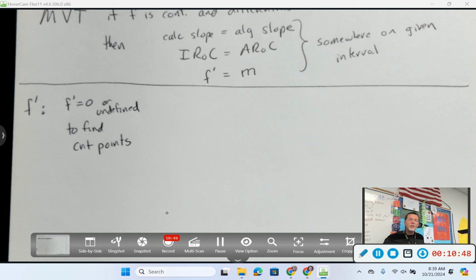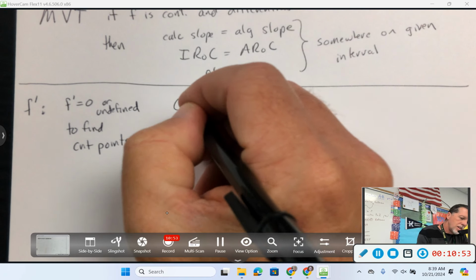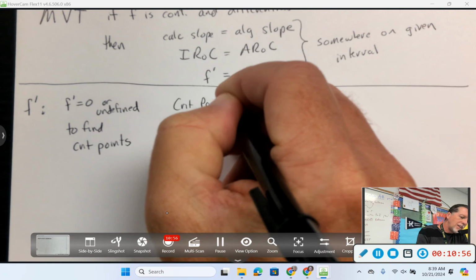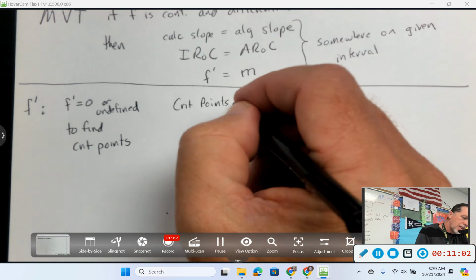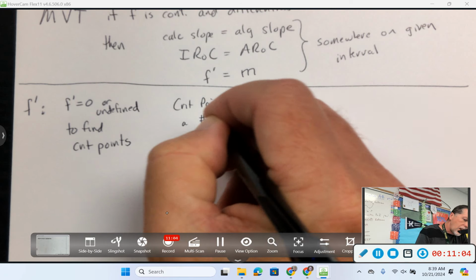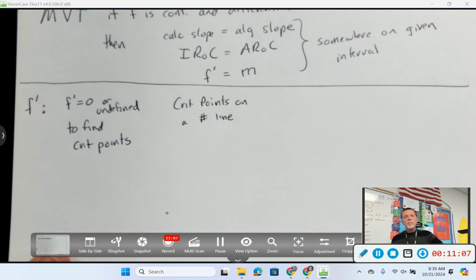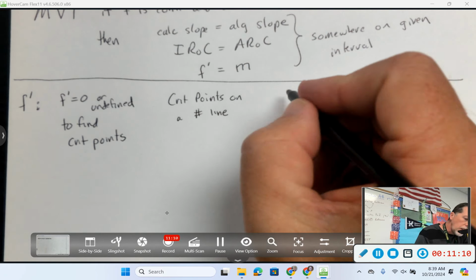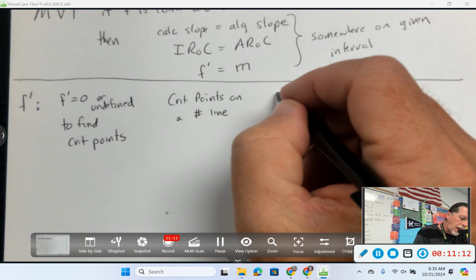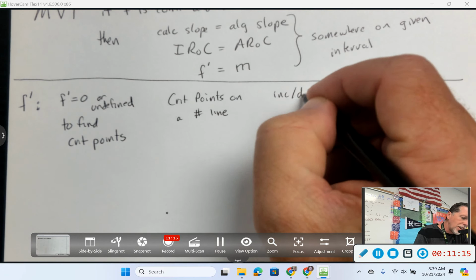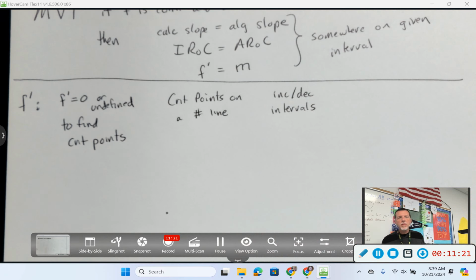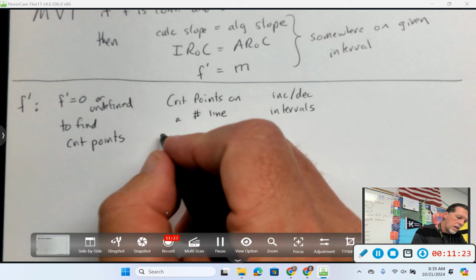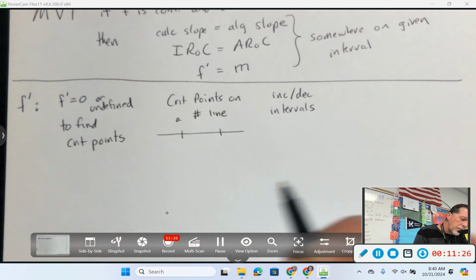What usually comes next, though? What do we do with the critical points? If we want to find increasing and decreasing intervals and maximums and minimums, put them on a number line.